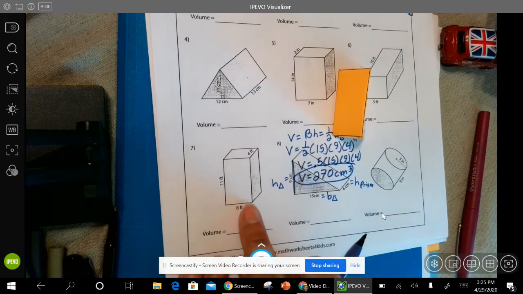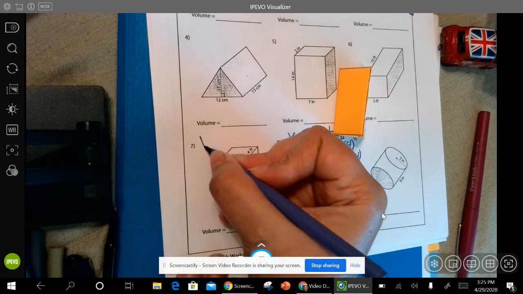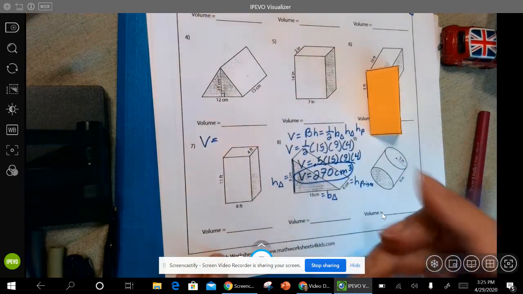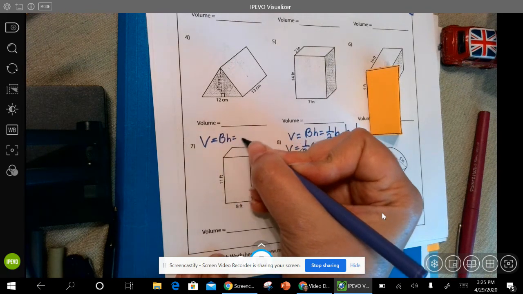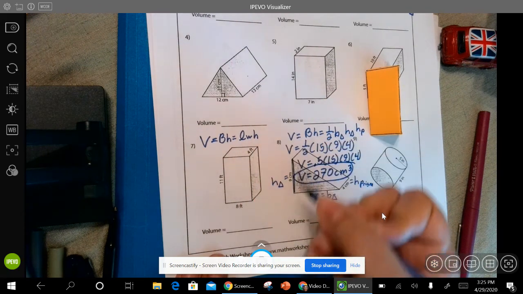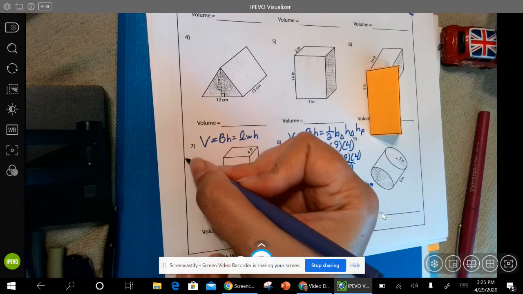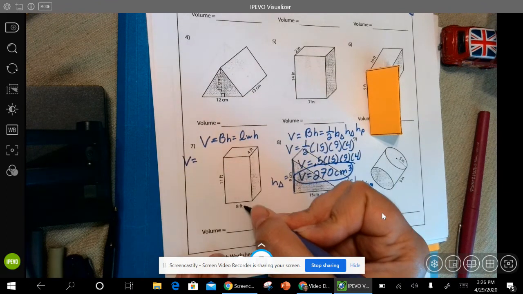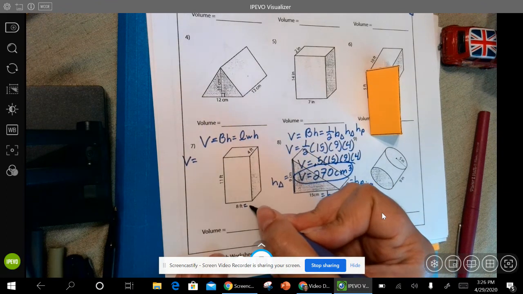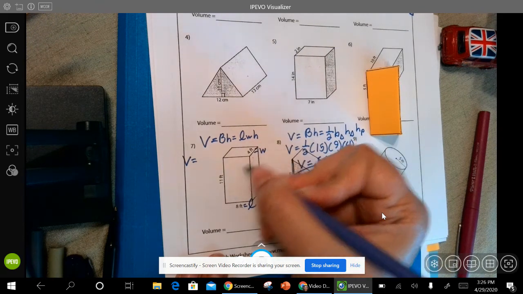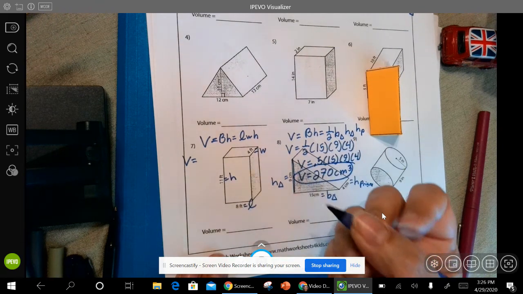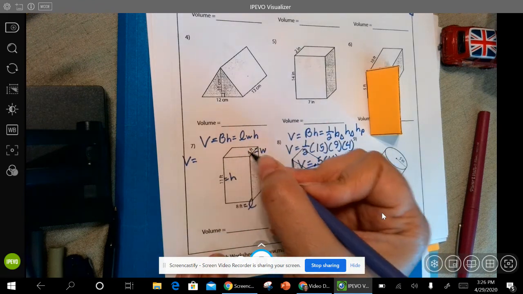Okay, for a rectangular prism, again, volume is going to be area of the base times the height. So length times width times height. So we're just going to multiply. So the 8 is the length, the width is 4, the height is 11. So just multiply them all together.